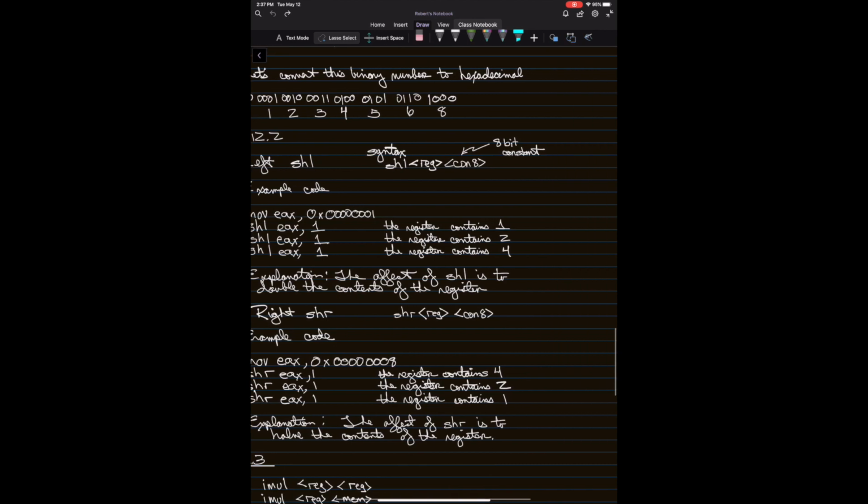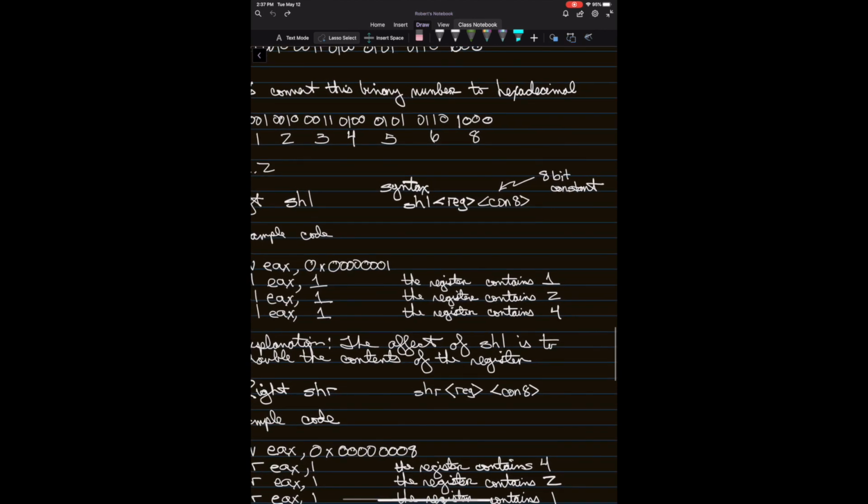So let me just go ahead and write a quick note over here just so I can show you what it looks like. So let's say, for example, I have 0, 0, 0, 0, 0, 0, 0, 1. If I take a look at this item that's in the ones position, and if I shift it to the left, that's going to push this 0 out.